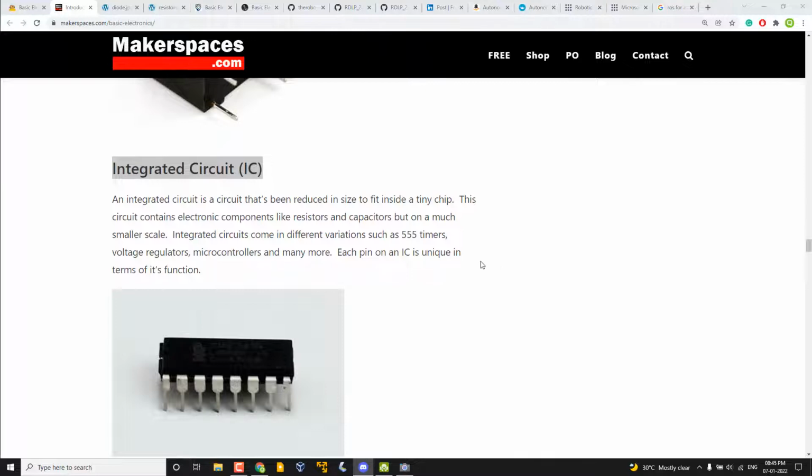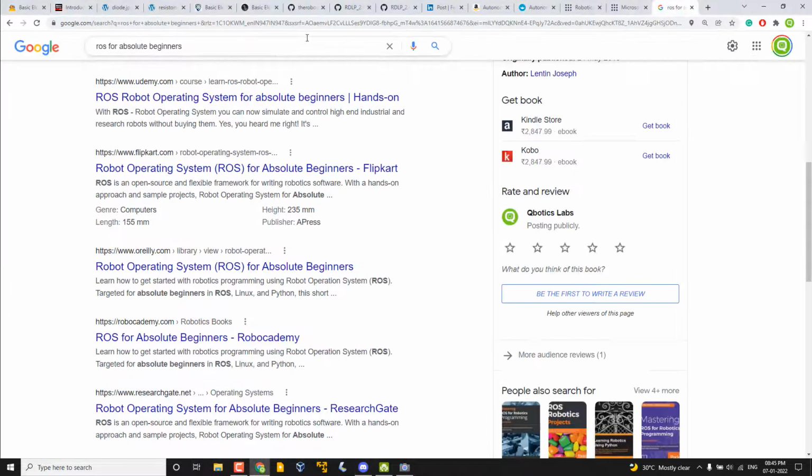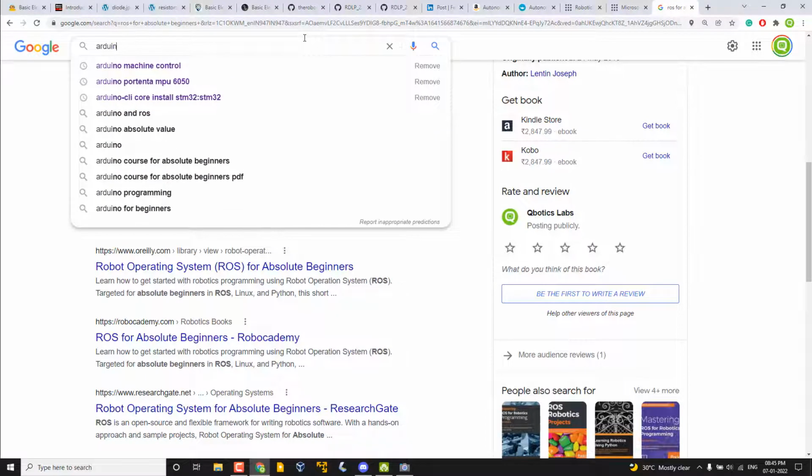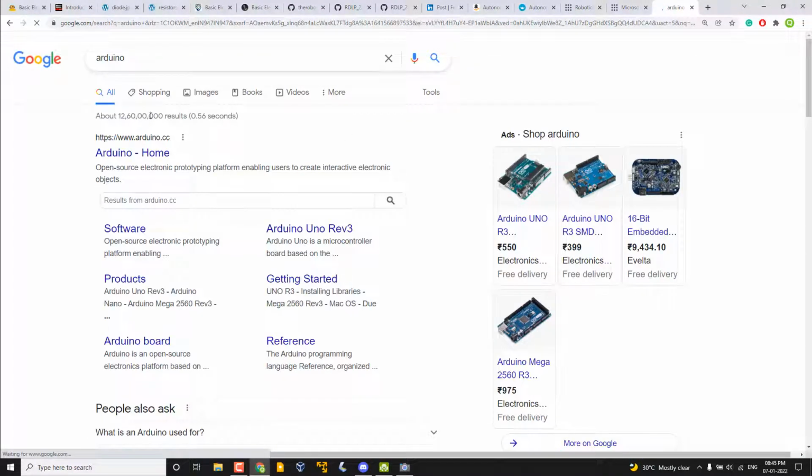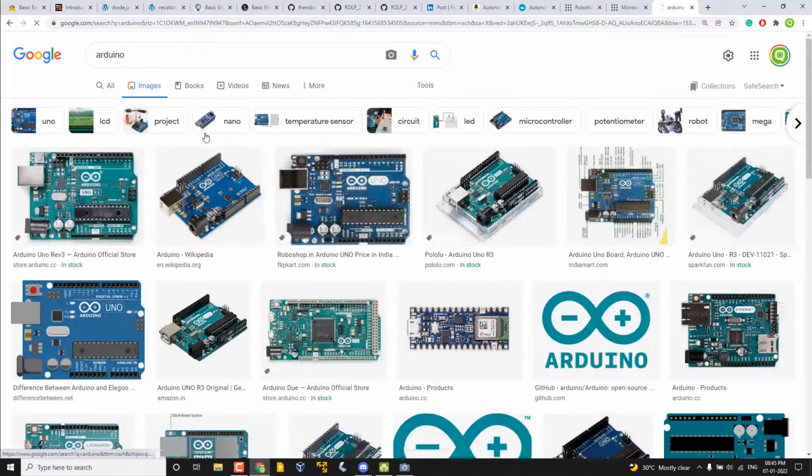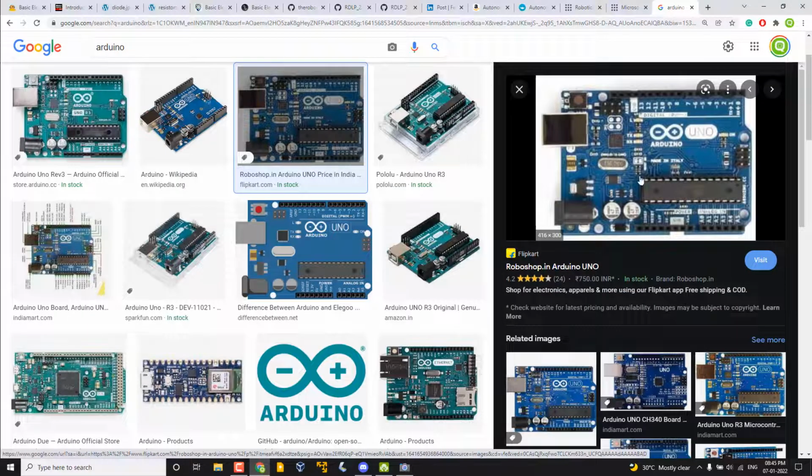And you can also see microcontrollers. For example, if you are aware of Arduino, on the Arduino board you can see an IC here, right? This is an IC, and we can specifically call it a microcontroller IC, and this chip can be programmed.